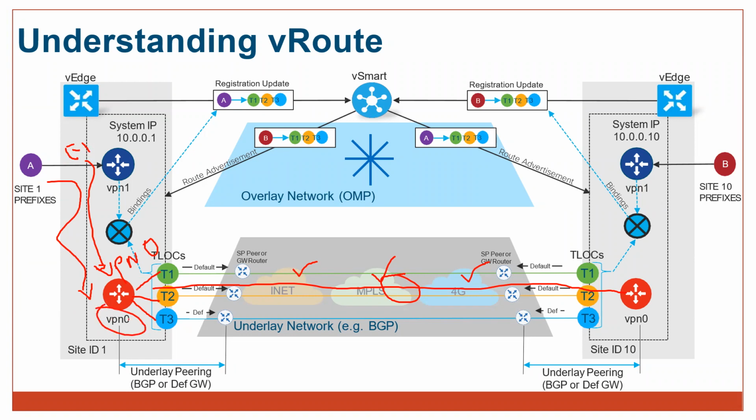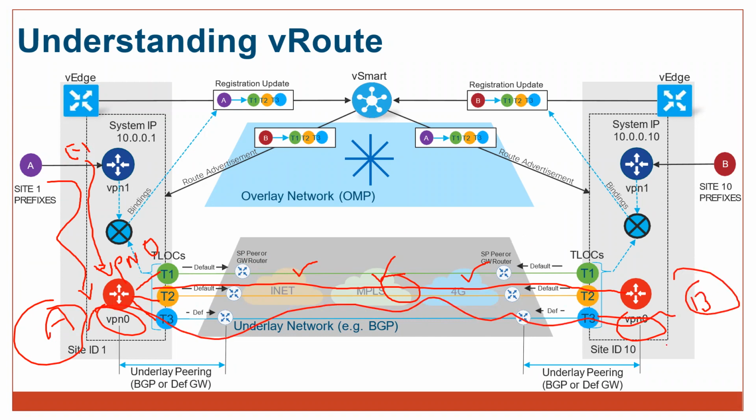Now from VPN 0 to the other VPN 0, we have a point-to-point IPsec tunnel. And with that IPsec tunnel, obviously, whatever source A has can reach destination B, or B can reach A.